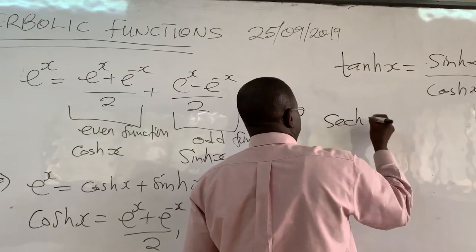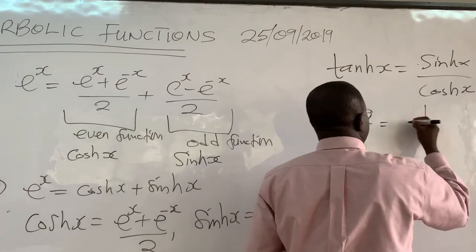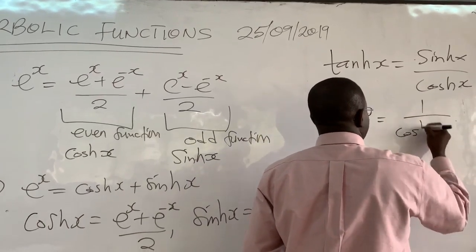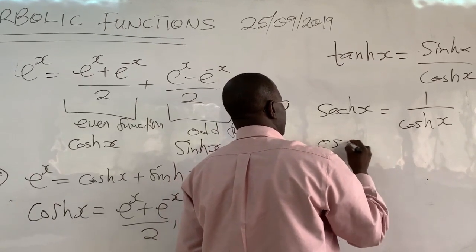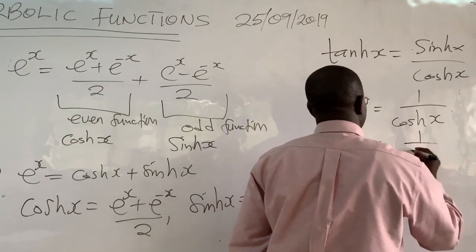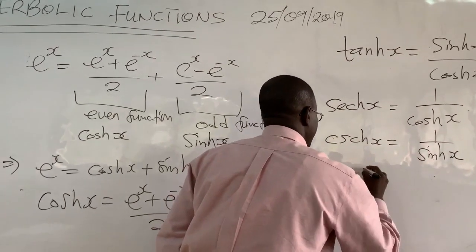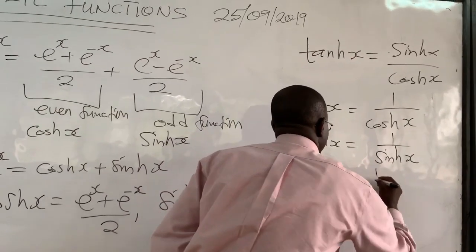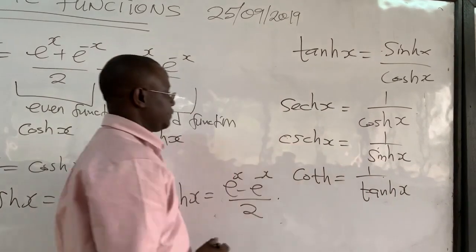The hyperbolic secant function is 1 over cosh x. The hyperbolic cosecant function is 1 over sinh x. And then the hyperbolic cotangent is 1 over tanh x.